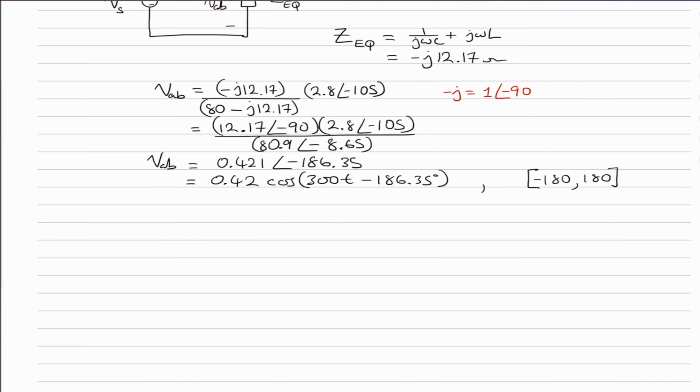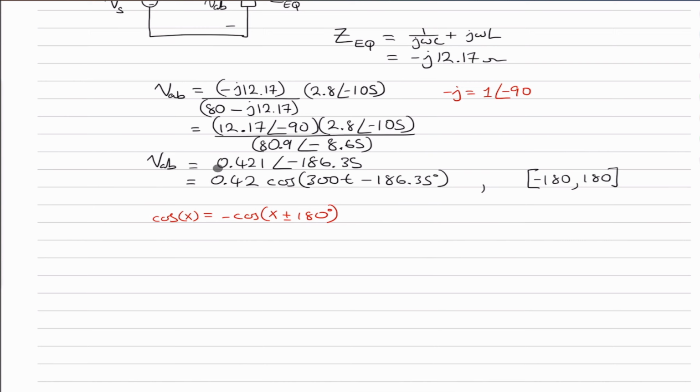So what I'm saying is that cosine of x is equal to minus cosine of x plus or minus 180. So if we add 180 just to take our angle from negative 186.35 to somewhere within our interval, then we'll end up with a negative cosine.